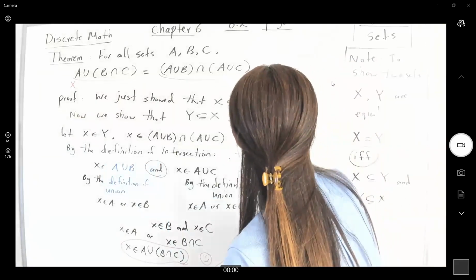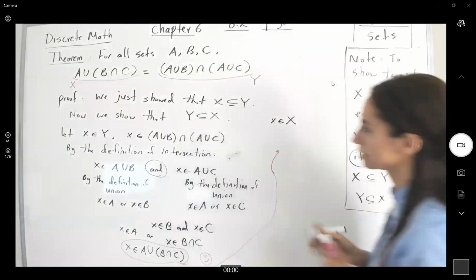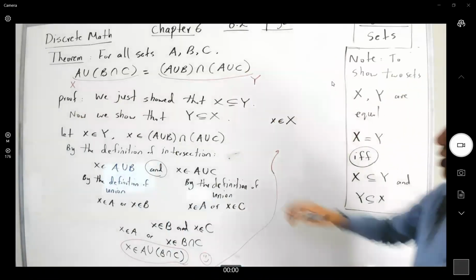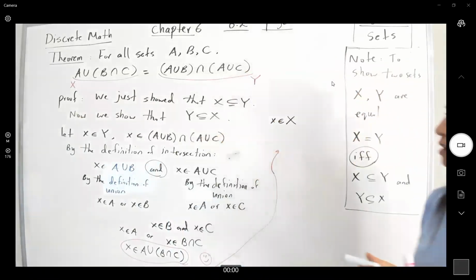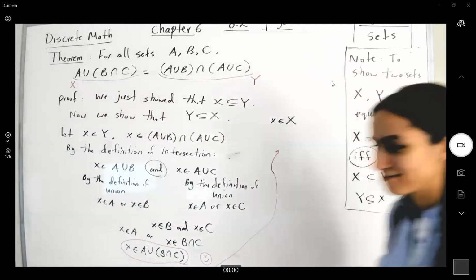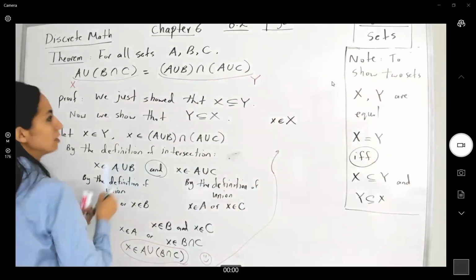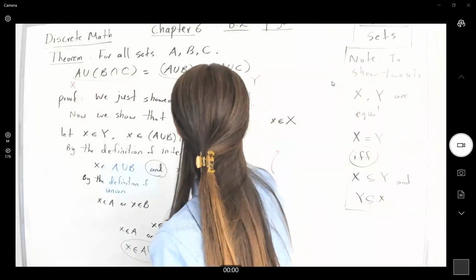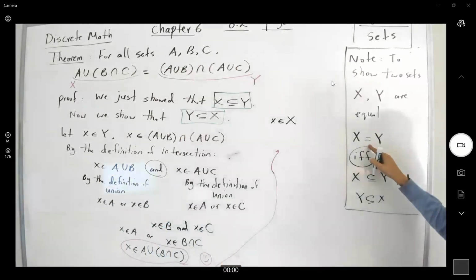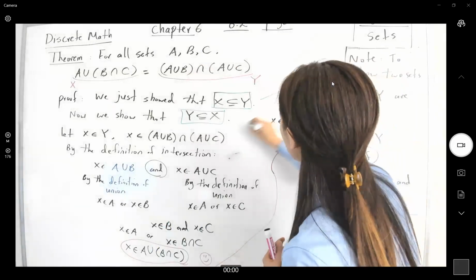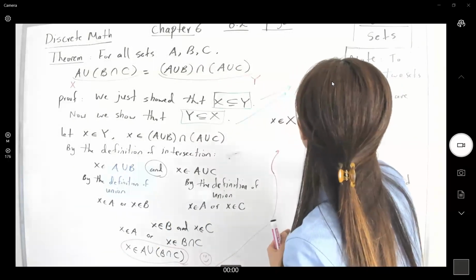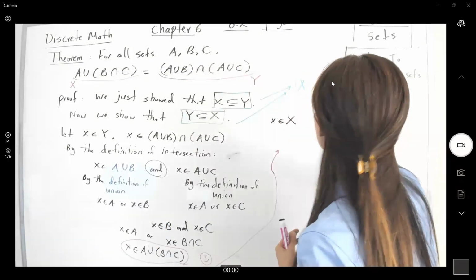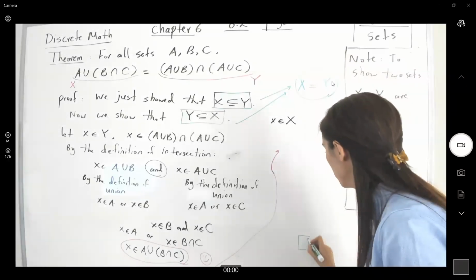So we just showed that Y is a subset of X as well. Here we have X is a subset of Y, Y is a subset of X, so X is equal to Y. This is what we try to prove.